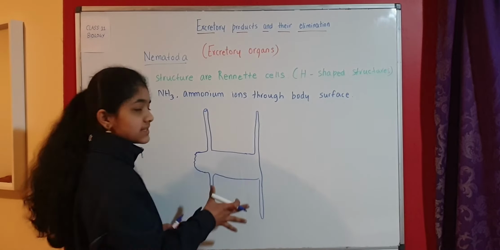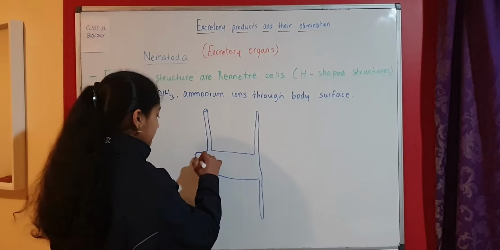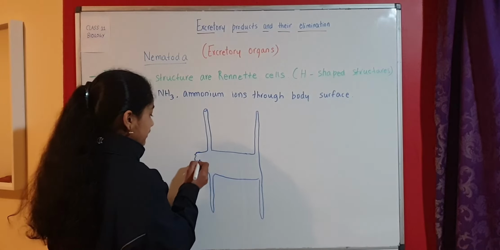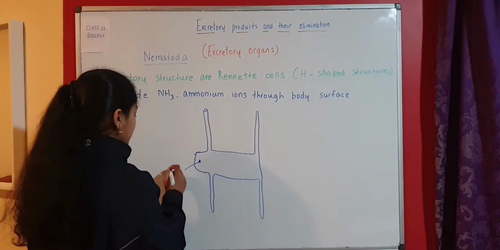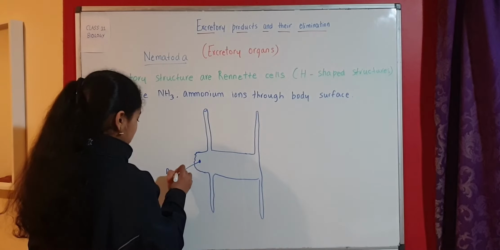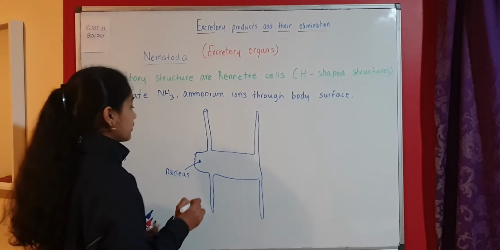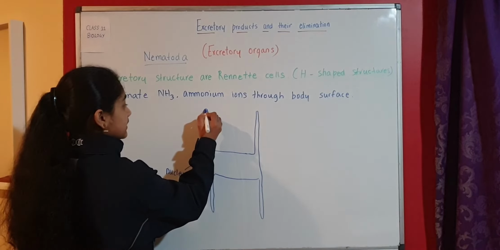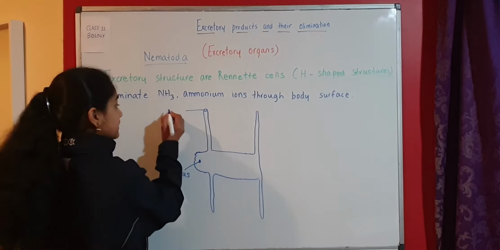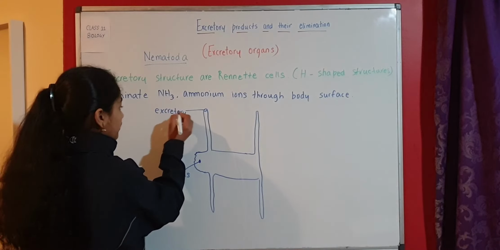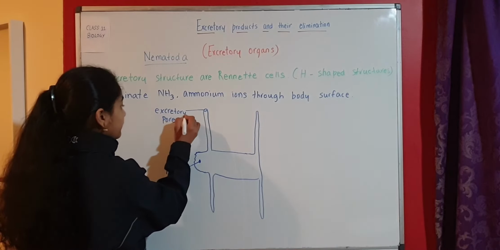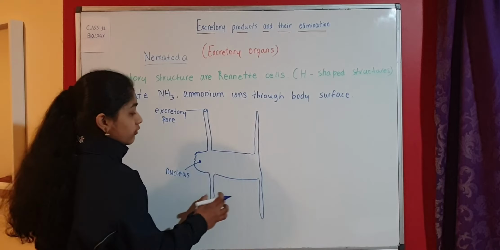So this whole thing is a cell, and here the nucleus is present. This is the main cell body. So here is the nucleus, and this here is called the excretory pore. If you notice one thing carefully here, there are 4 arms.